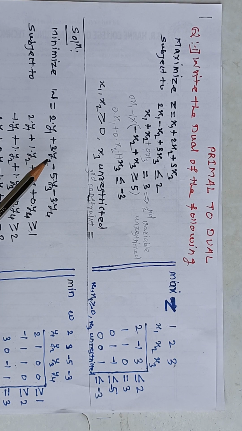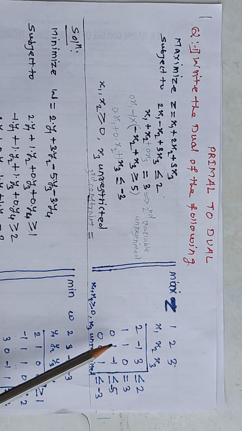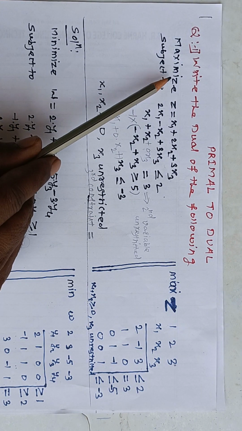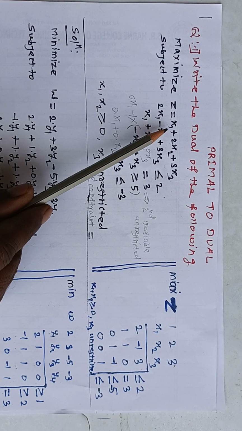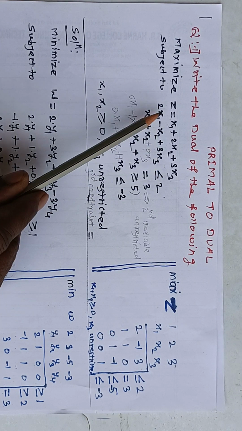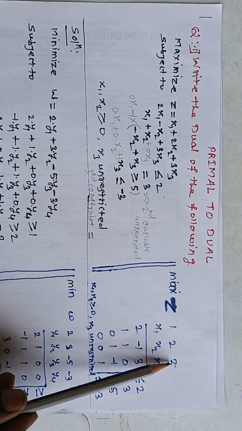First of all, express this primal problem in tabular form like this. Maximize z, here also maximize z. What are the coefficients of x1, x2, x3 in the objective function? 1, 2, 3; put here 1, 2, 3 like this.